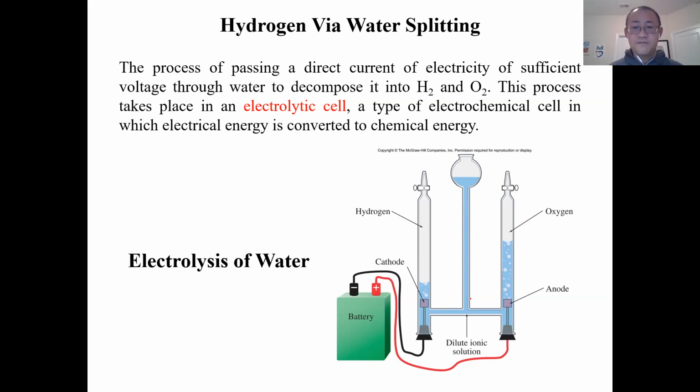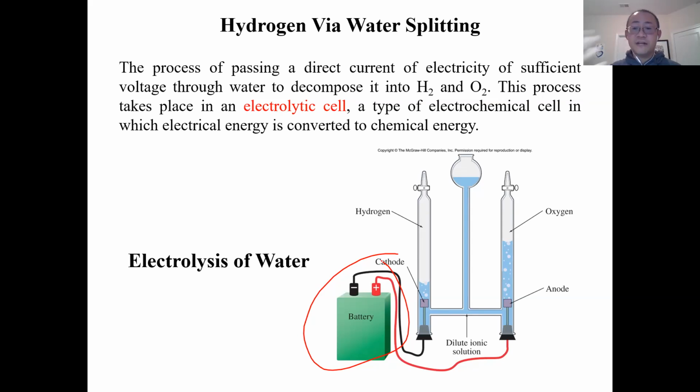And the device for splitting water into hydrogen and oxygen is called an electrolytic cell. Basically you connect water to a battery, a higher-voltage battery. Actually a 9-volt battery can do the job, if you watch some videos you can run the experiment at home.